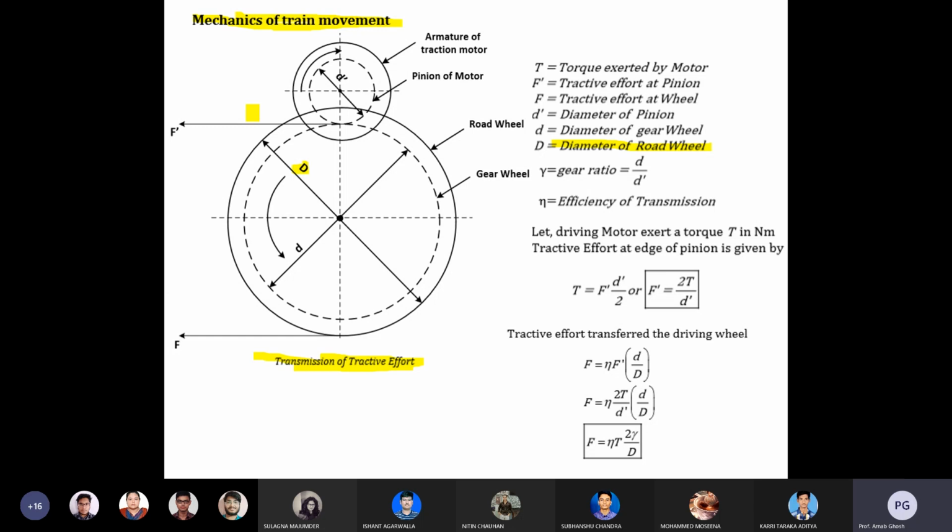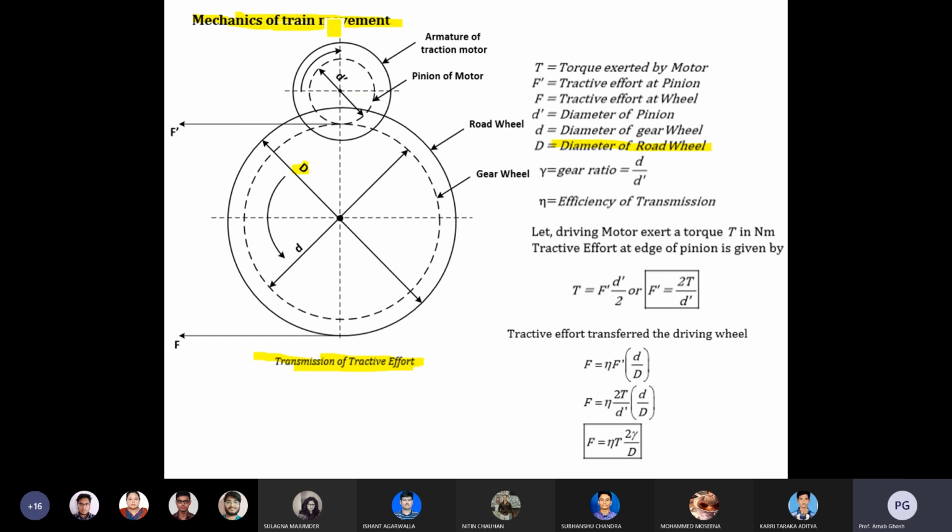On the shaft you can see a toothed gear. The pinion is connected with the gear, and the traction motor shaft is directly coupled with the pinion.